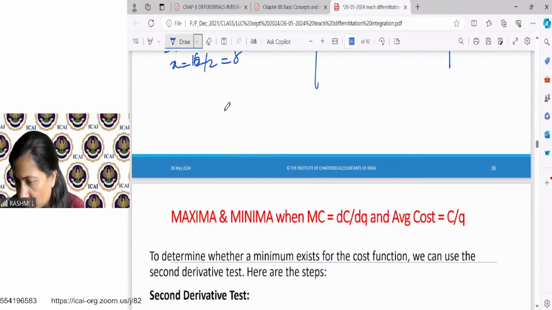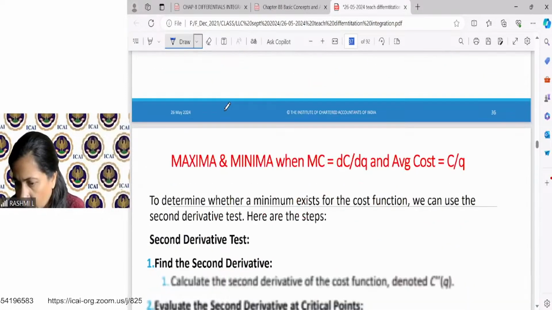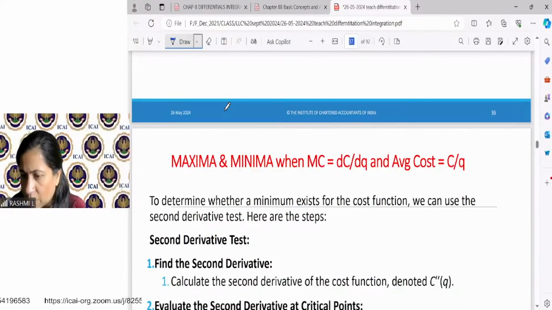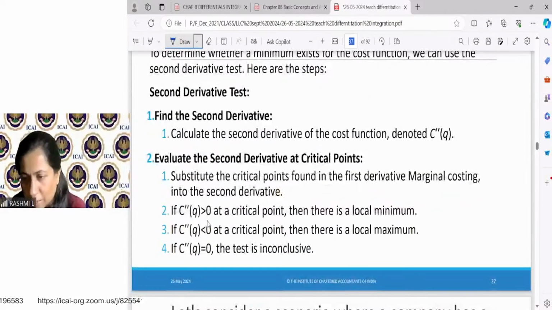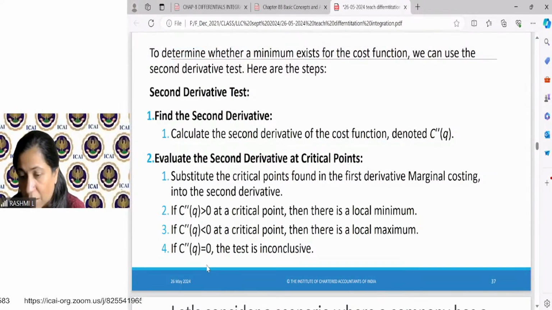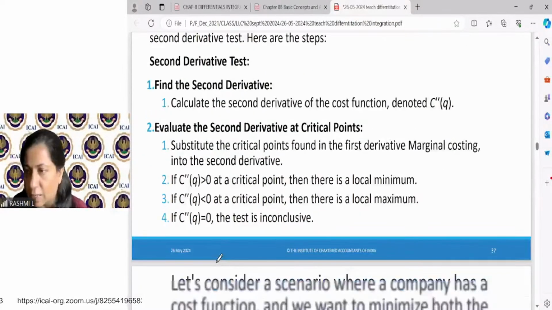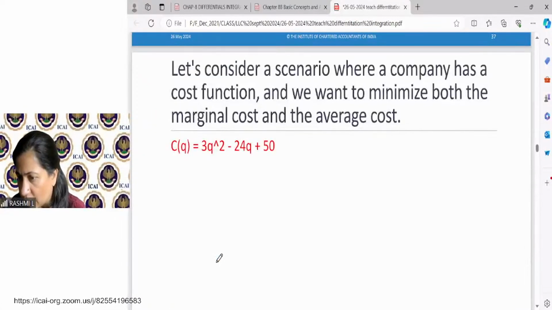So first find the critical point. Then check C double dash of Q at the critical point. If it is greater than 0, there is a local minima. If it is less than 0, it is a local maxima. And if it is equal to 0, the test is inconclusive. Okay. So we've done this.